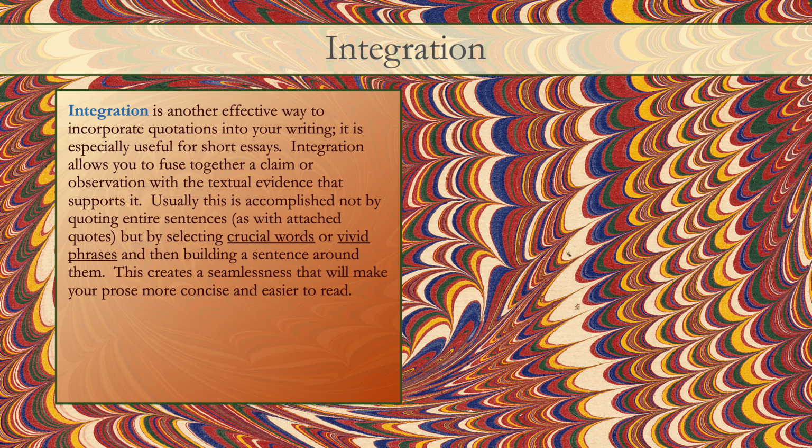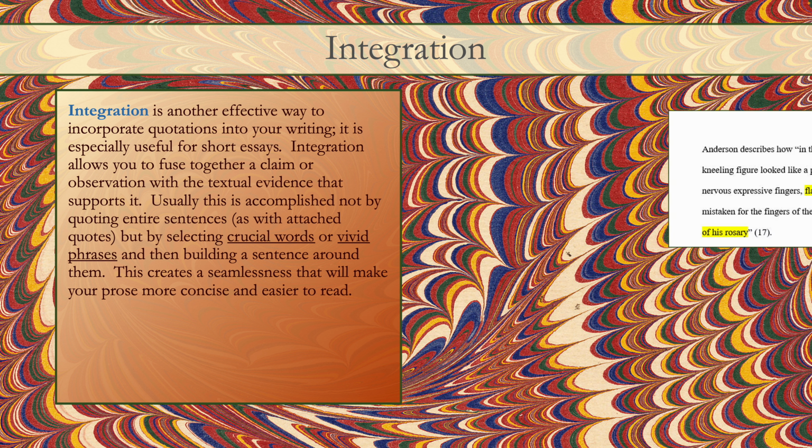And usually, this is accomplished not by quoting entire sentences as an attachment, but by selecting crucial words or vivid phrases and then building a sentence around them. And this creates a seamlessness that will make your prose more concise and easier to read.